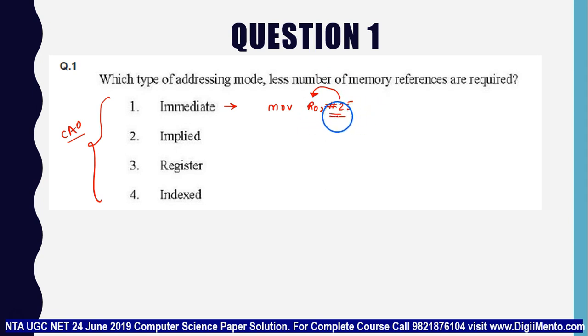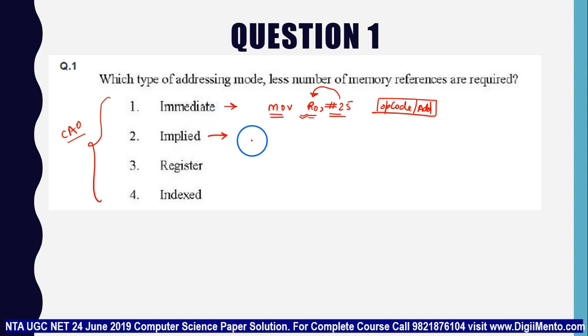You can see that in immediate addressing mode, one register reference is required so that you can store this value. In the structure, you have some operation code and some address where you want to store the data. For example, here we want to move the value 25 onto the register R0. So we have an address as well as an operation code, and the operation code is move.